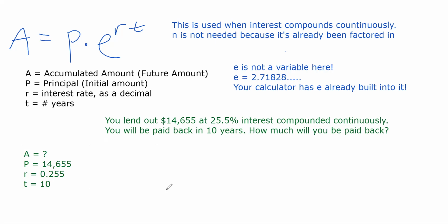And now when we plug things into the formula, A is going to be equal to 14,655 times E raised to the power of 0.255 times 10.